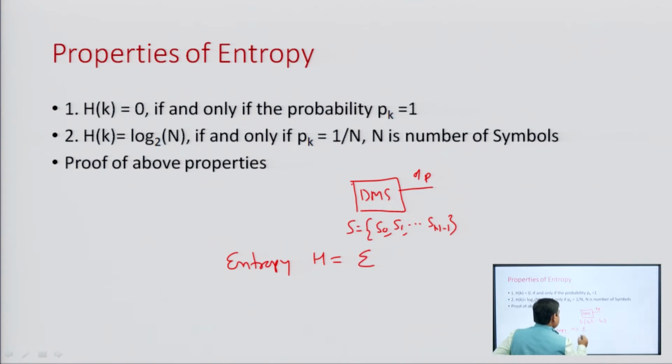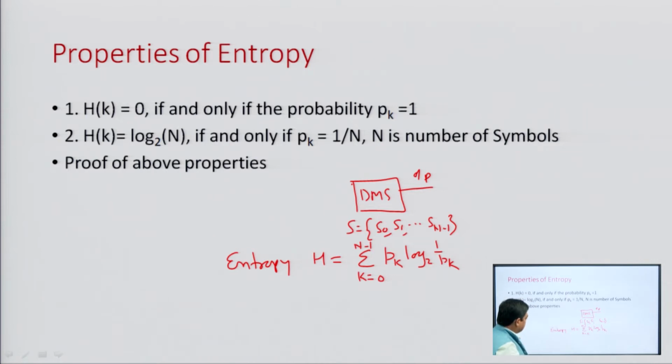it is already discussed, that is it is given as the probability of each symbol, that is Pk, k is equal to 0 to n minus 1, into Ik, which is log base 2 of 1 upon Pk.